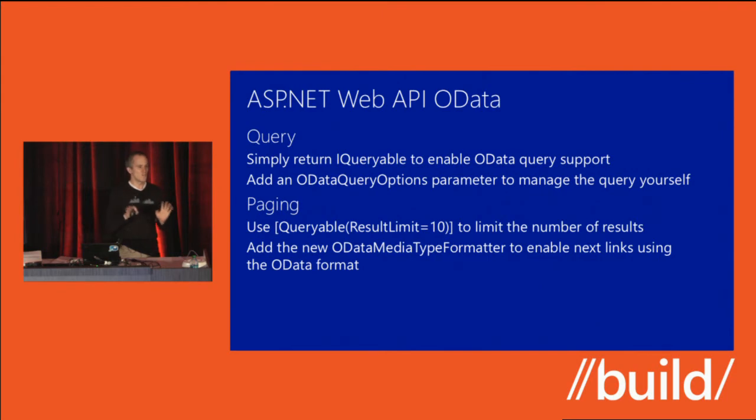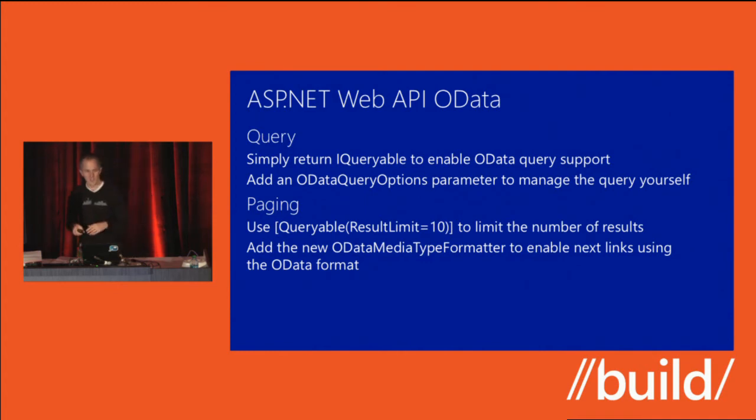But don't run it for me, because maybe you don't even have an IQueryable implementation to run the query against. You can use the OData query options to apply the query to IQueryable if you have one, but you also have the option of saying, let me know what the filter is, let me know what the order by is, and then I'll create my own queries. I'll decide if I'm even able to support this query. And maybe you produce a little bit of SQL, or maybe you call some other backend web API, or whatever your query backend story is. You have that option with the OData query options.